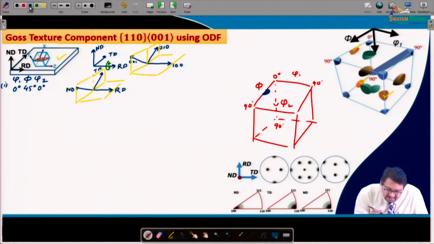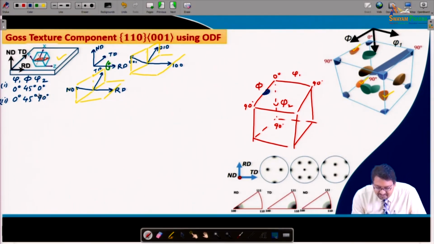So, if we take the second situation, what we just know is that if 45 degrees goes to phi, then at phi 2 if we rotate by 90 degrees, then you see the similar texture can be obtained. So, what we are doing, we are basically taking this first one and adding a rotation at phi 2 equal to 90 degrees, right.